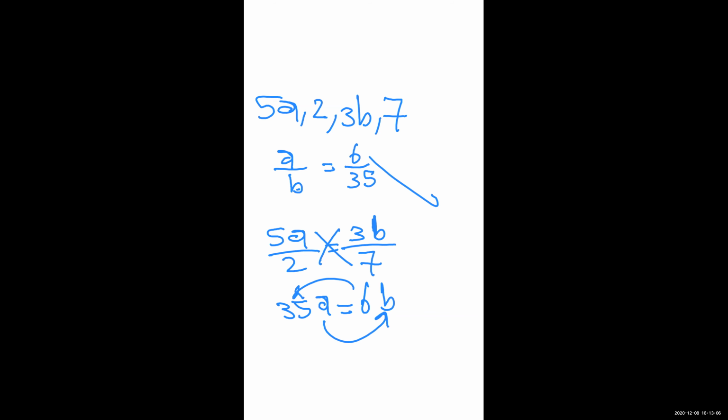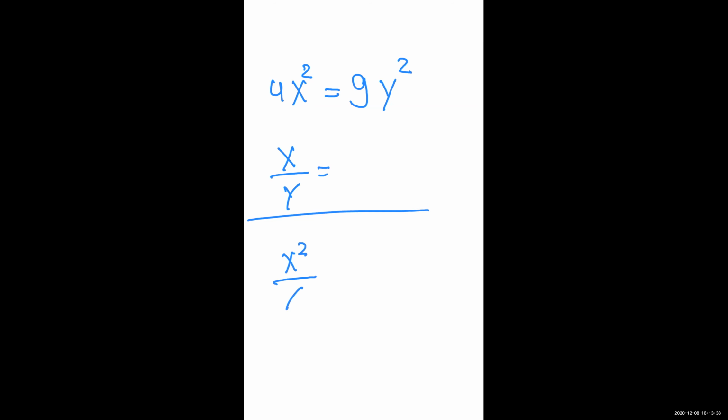Okay, next one, 9. 4x squared equals 9y squared. So now x over y equals... Okay. x squared over y squared will equal 9 over 4.